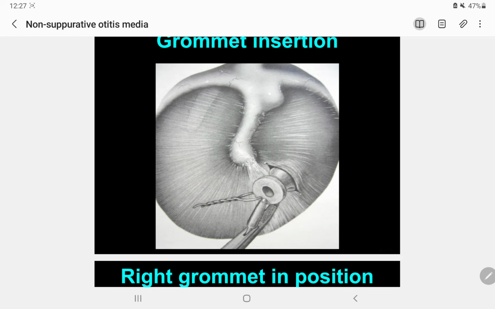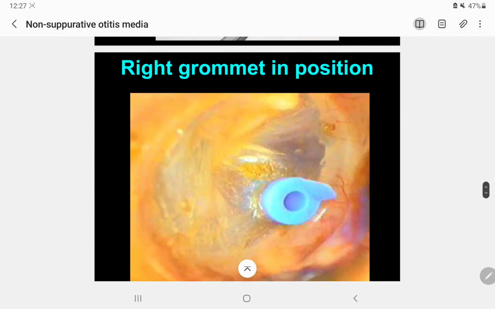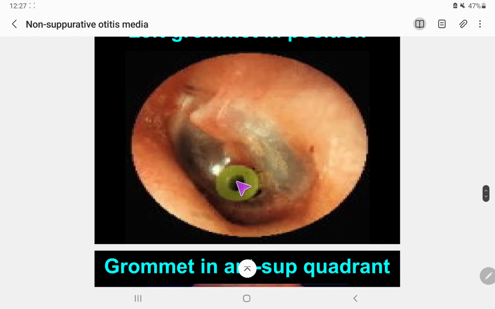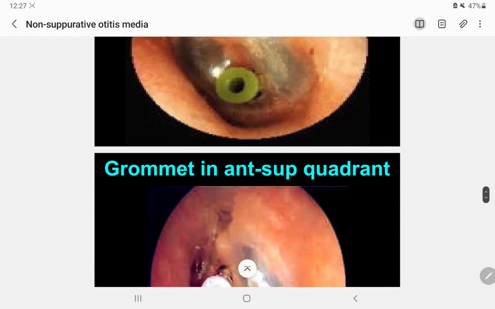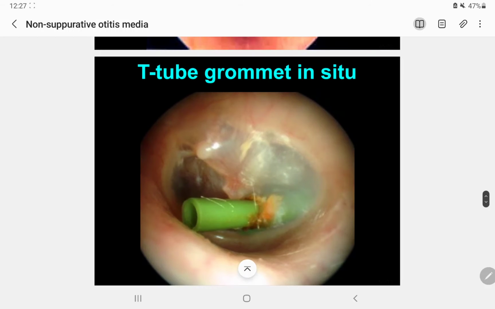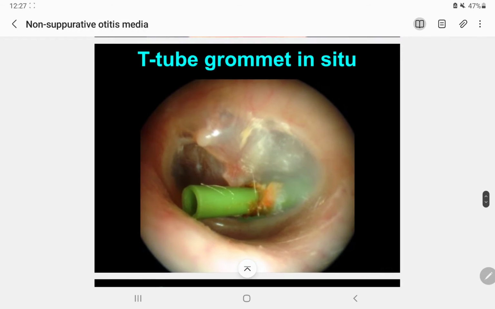So grommet is inserted, and then we can see, yeah, this is like Shah's, I think. So the right grommet is inserted in position, you can see, and then we can see another grommet inserted into the left tympanic membrane, in the anterior superior quadrant, this is the anterior inferior, right? So grommet in the anterior superior quadrant can also be seen, and then the T-tube grommet is in situ, right?